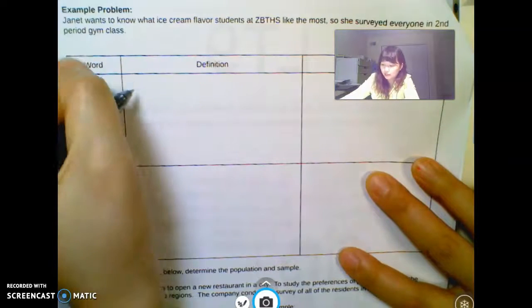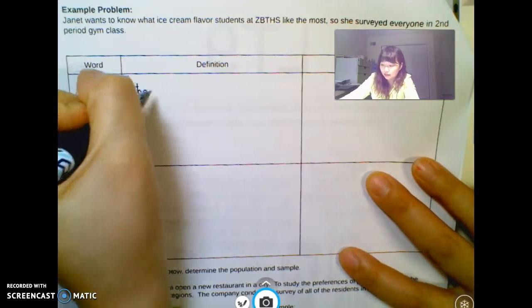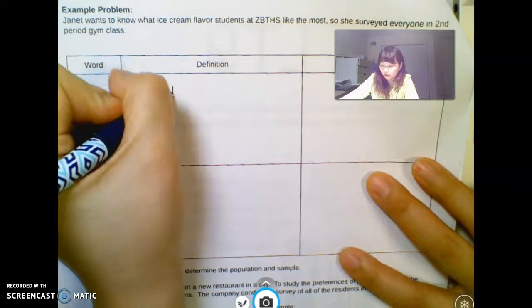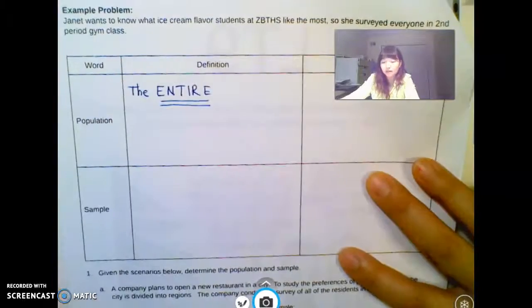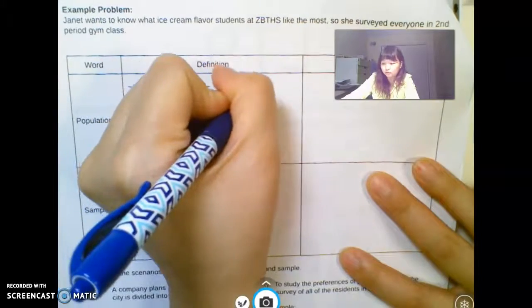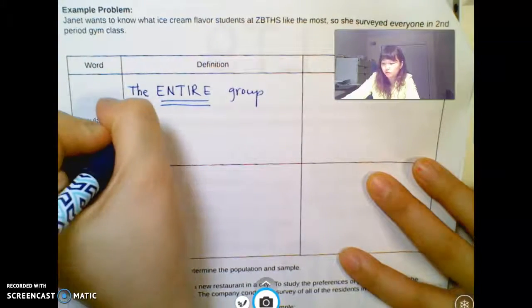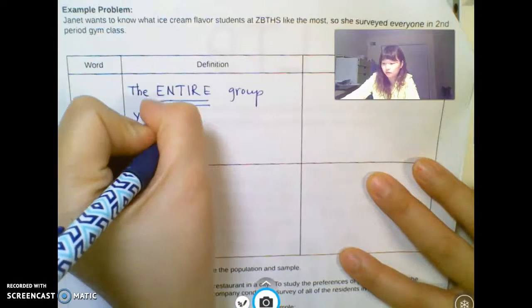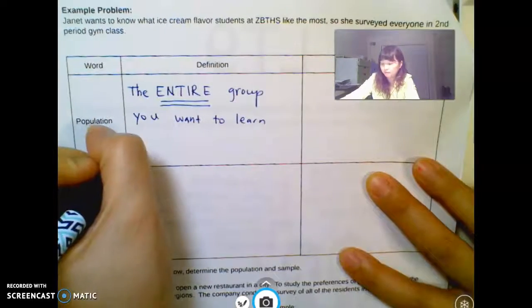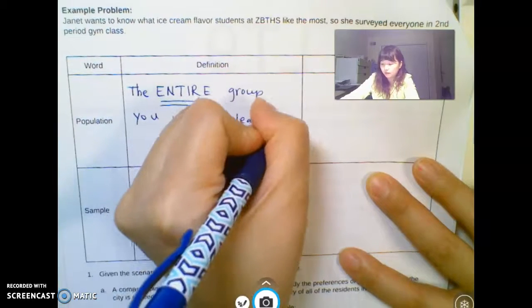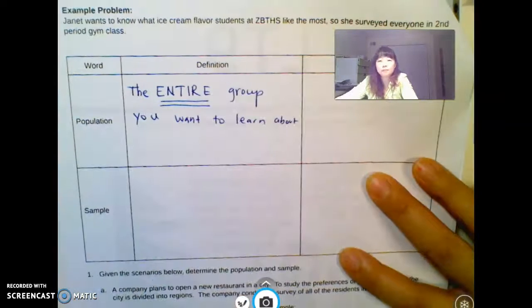So population is actually the entire, I'm going to write all capital because it's everything. The entire group you want to learn about. So population is the entire group you want to learn about.